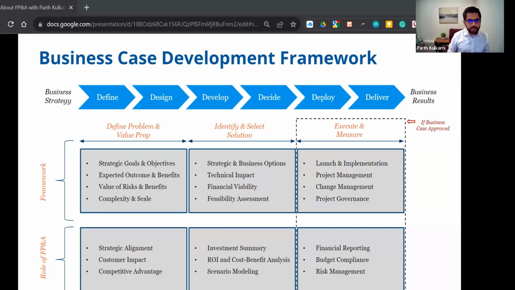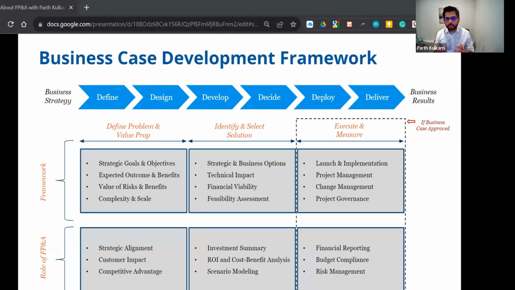But before we start going into the details of this slide, I think it'll be helpful to quickly level set on what we mean by a business case. Explaining this purely from a layman perspective, a business case is a decision making tool which allows companies to assess the viability of potential options, solutions, opportunities, or strategies.